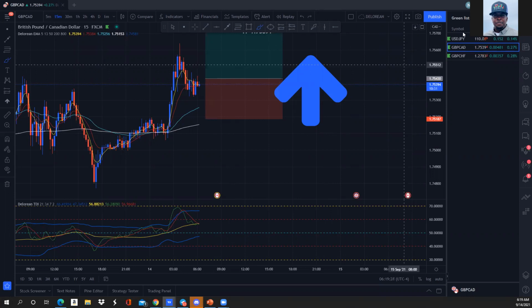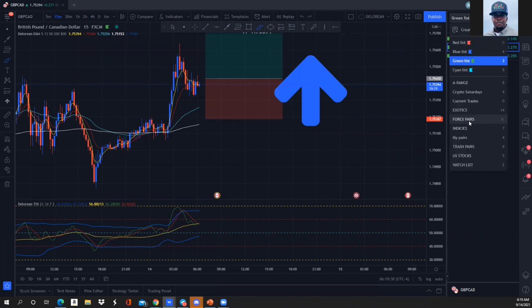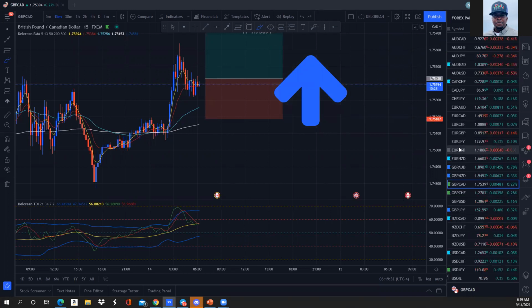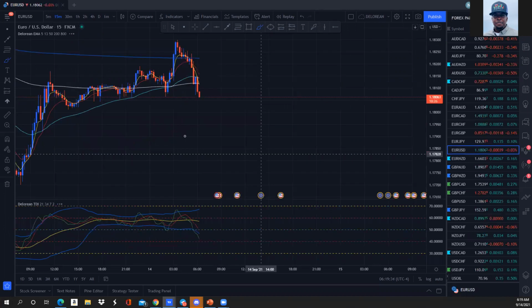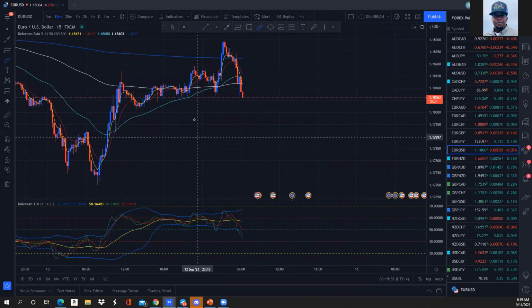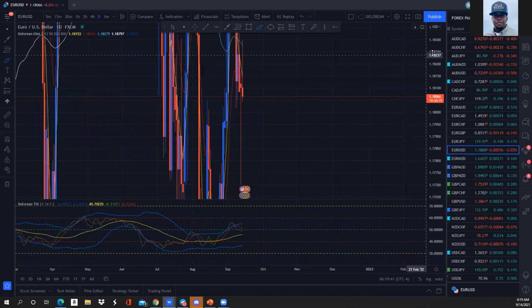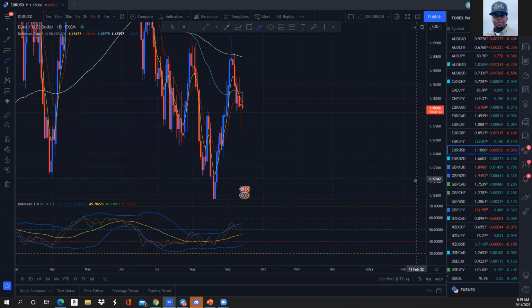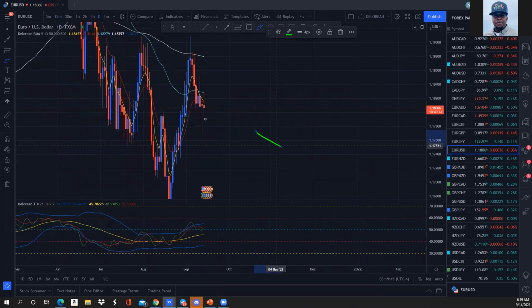So EU, look at EU real fast, and then I'll show you guys the compound. Let's see what EU doing. Drip, drip, drip. Let's see.